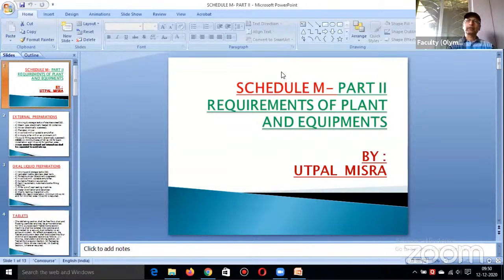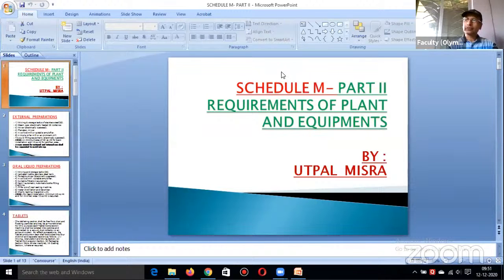And the second part is some specific requirement. That means the requirement of the area for the basic installation for that particular dosage form. How much area is needed for manufacturing tablet?